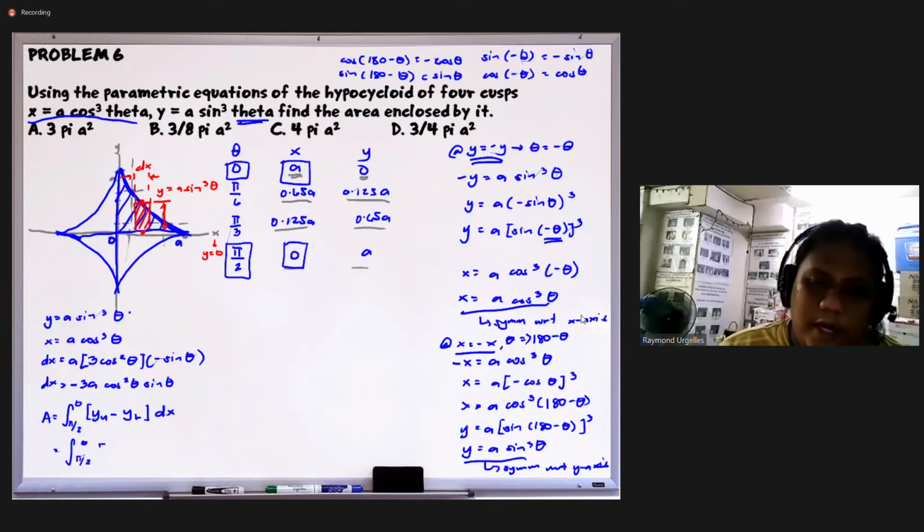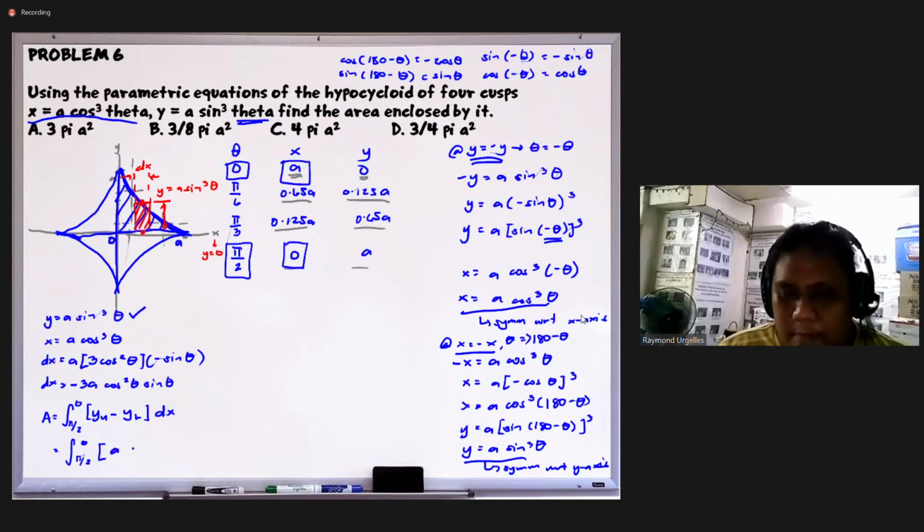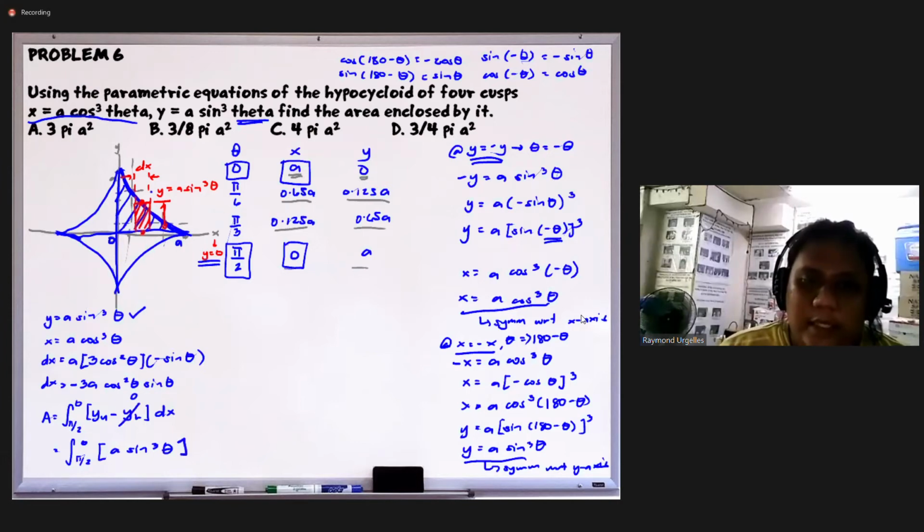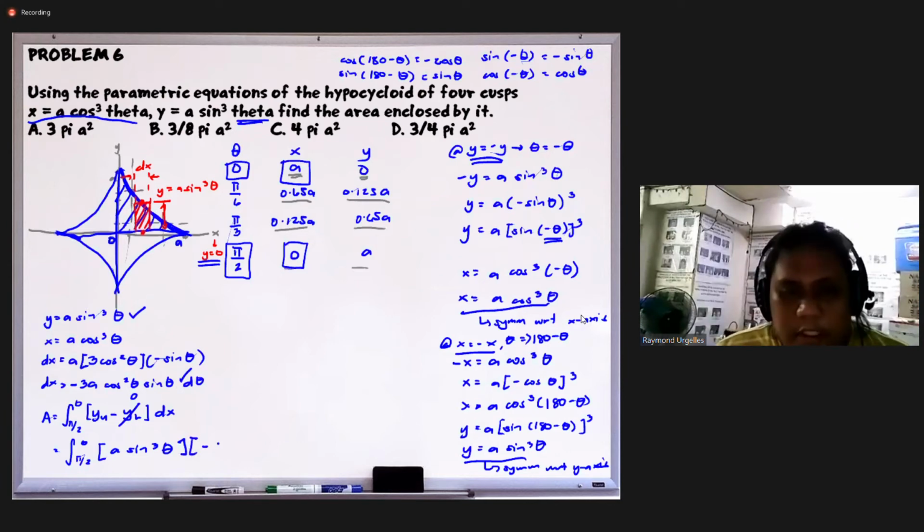It is a sine cubed of theta. What is our y lower? Y lower is 0, so we can cancel that. Then what is our dx? dx is this one. I forgot the d theta. So this is negative 3a cosine squared theta times sine theta d theta.